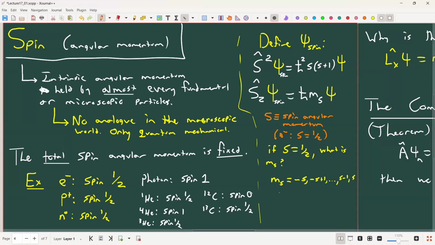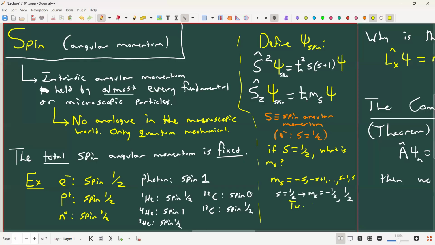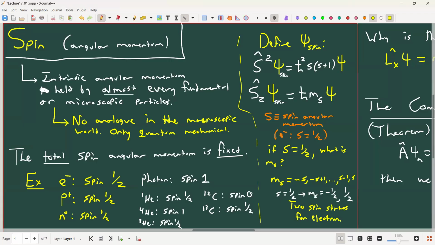So if S is 1/2, then m sub s can either be minus 1/2 or minus 1/2 plus 1, which is 1/2. So there are 2 spin states for the electron, 2 spin orbitals. There's a plus, an up, and a down.